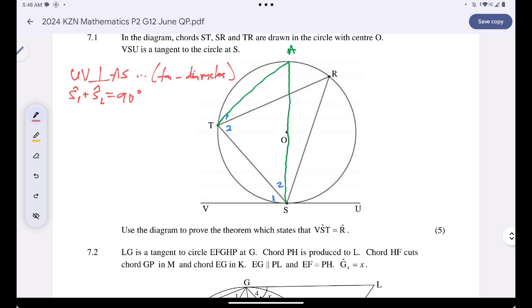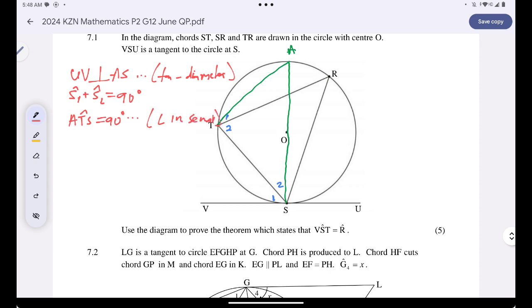Which other angles add up to 90 degrees? Angle ATS is equal to 90. Right? This is an angle in the semicircle.